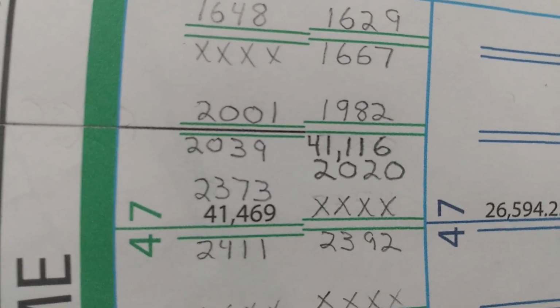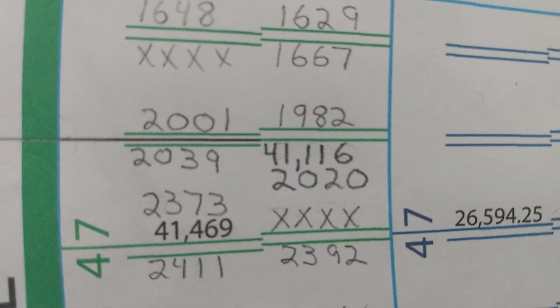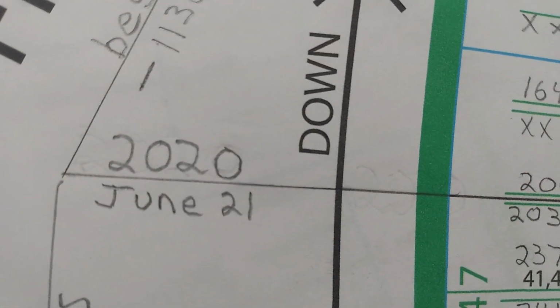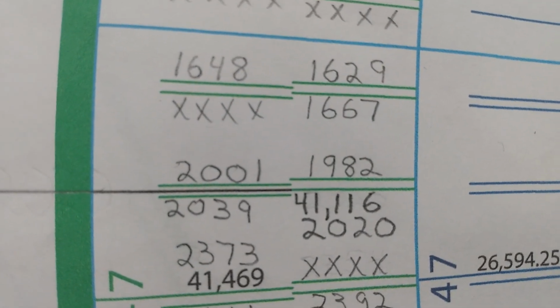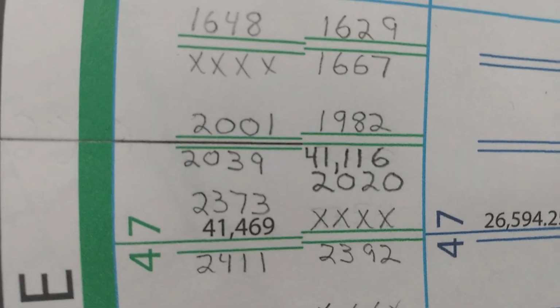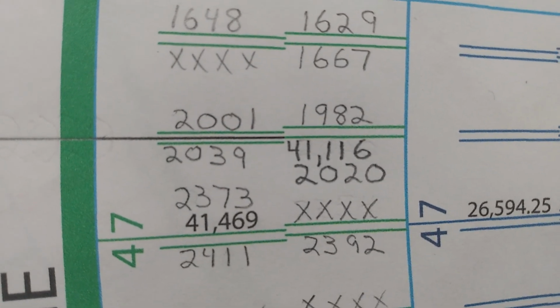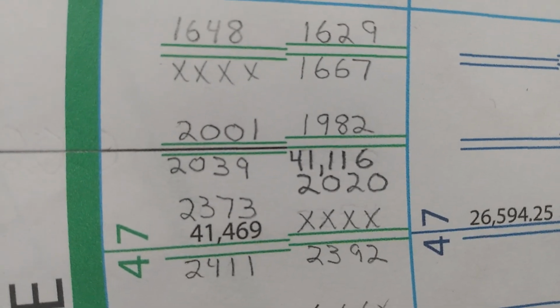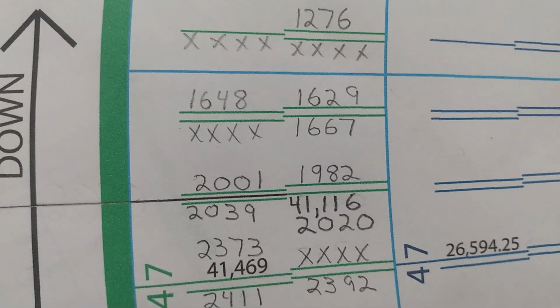You see the 2020 right there. I use that as a marker here because it's essentially in the time we live right now, and it's on this shadow wheel. That's the 41,116 year marker from the beginning of the cycle.